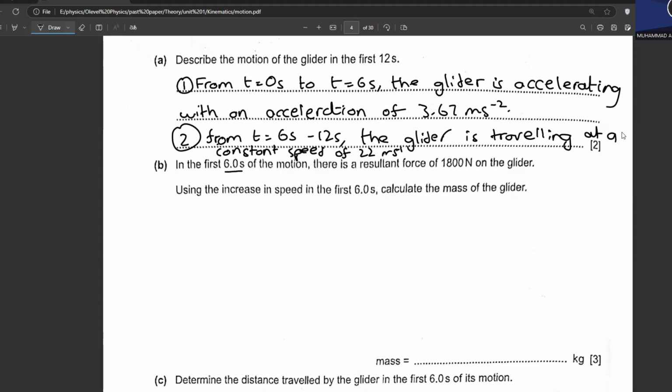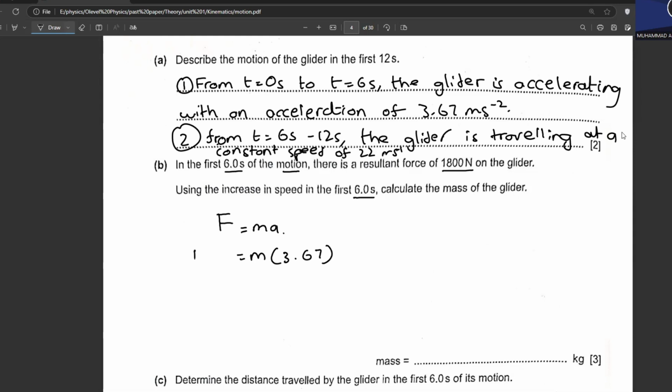In the first 6 seconds of the motion, there is a resultant force of 1800 N. Using the increase in speed in the first 6 seconds, calculate the mass of the glider. Very easy: force is equal to ma. You have already calculated the acceleration in the first 6 seconds, which came out to be 3.67.